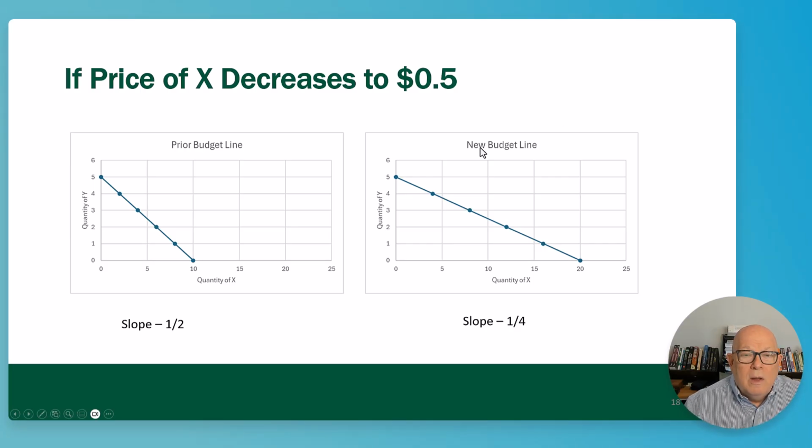The amount we can buy of Y stays the same if we buy nothing but Y, but the amount we would buy of X increases to a maximum of 20 if we don't buy any Y. And so our budget line is stretched out to the right and has a less steep slope. In the previous case, the slope was -1/2. In this case, the slope is -1/4.